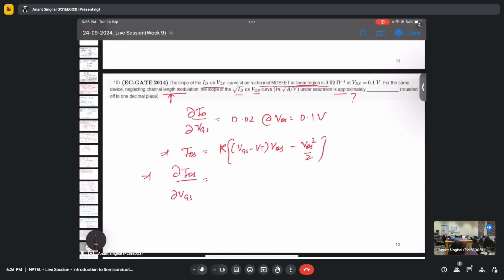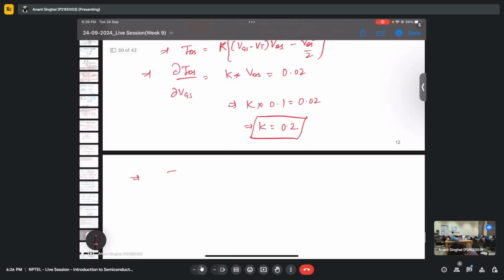Is there any doubt in this? No, sir. So this is given as 0.02 at VDS equals 0.1. So K into 0.1 is 0.02, which will give me a K of 0.2. I hope it is clear till here. If it is not, please let me know right now only.